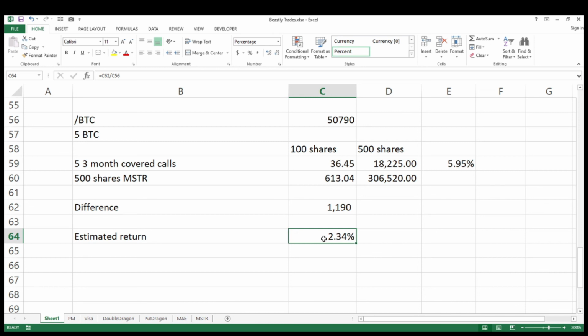The reason you might want to consider putting this on is that it might be a little more capital efficient for certain trades, and if you have a larger account, it's also something else to play around with, to see how you want to control the timing of your trade.